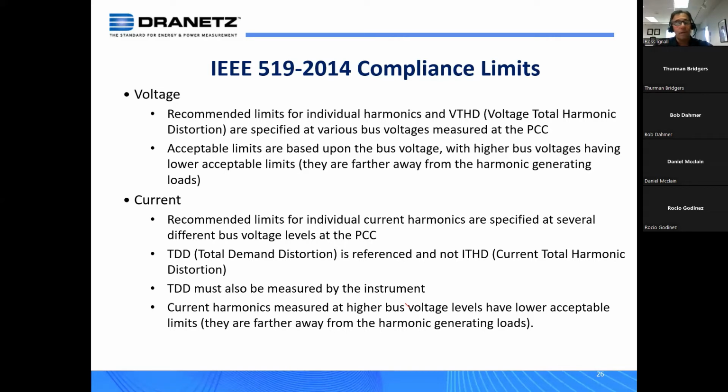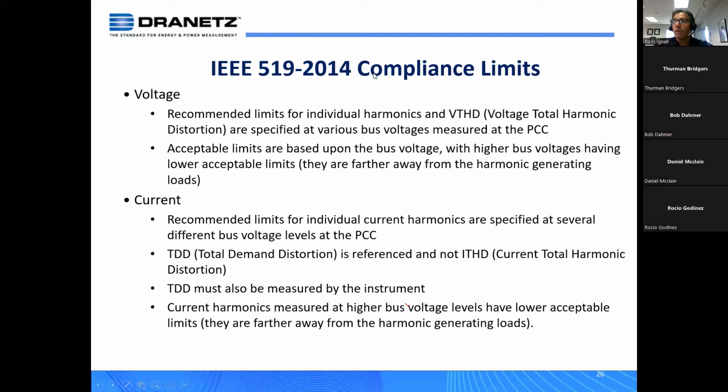To picture an energy efficient light bulb that's potentially producing some harmonics, it's a very small current. Even in your home on a 15 amp breaker, it doesn't represent that big of a problem. But TDD includes the capacity of the system. So if you have high harmonic components on large loads, TDD makes that stand out and it's more of a concern. So the point is TDD must be measured by your instrumentation as well. Again, the current harmonics measured at higher bus voltages have a lower acceptable limit.